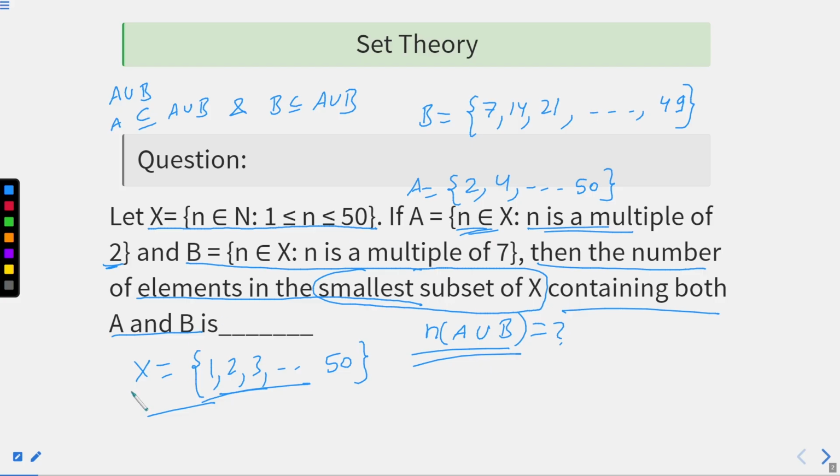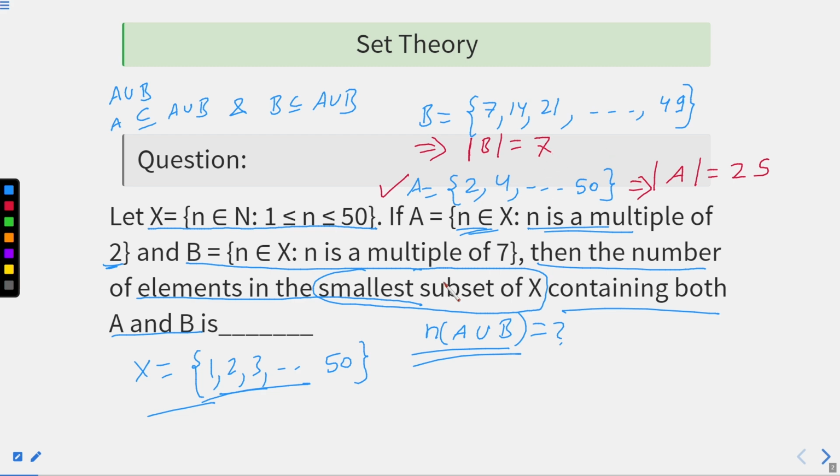Simple. From here we know that the cardinality of A, the number of elements in A, is 25. The cardinality of B is 7.